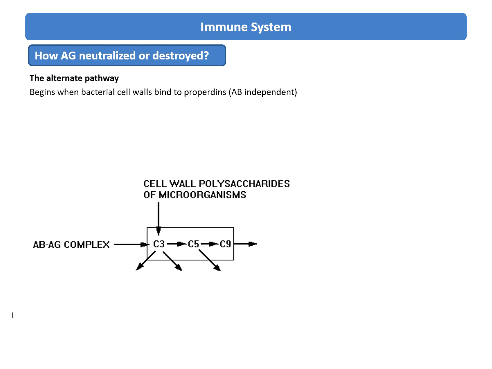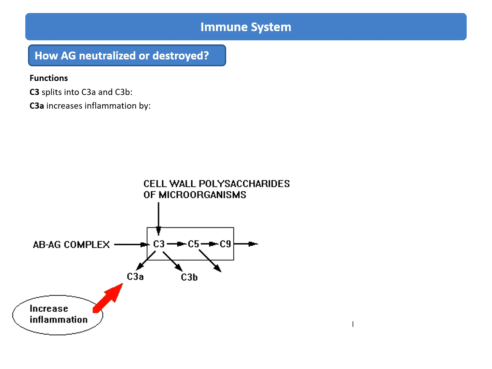The alternate pathway begins when bacterial cell walls bind to properdins, and these are not dependent on antibodies, so it's non-specific. They activate also complement 3. What happens? Well, C3 splits into C3a and C3b.